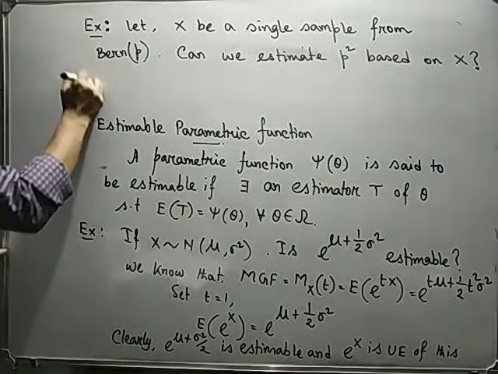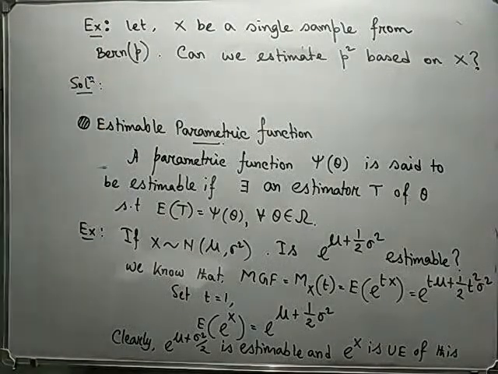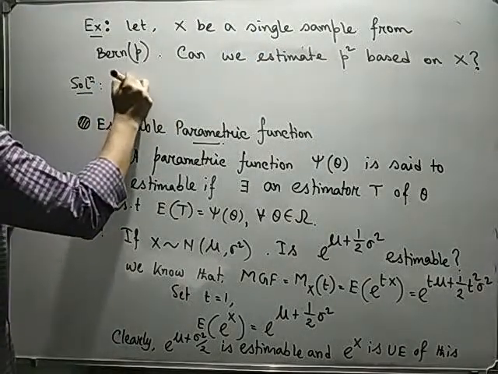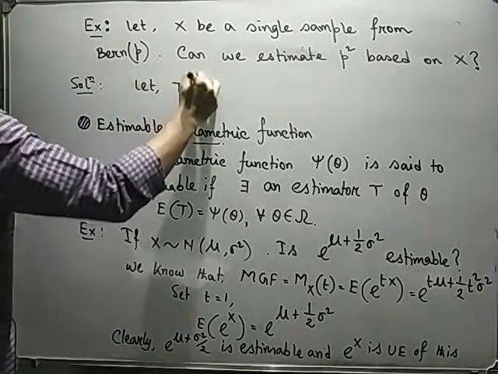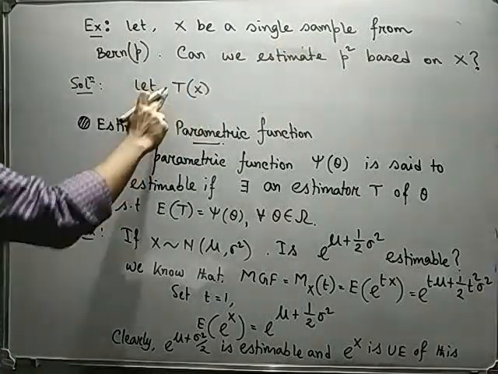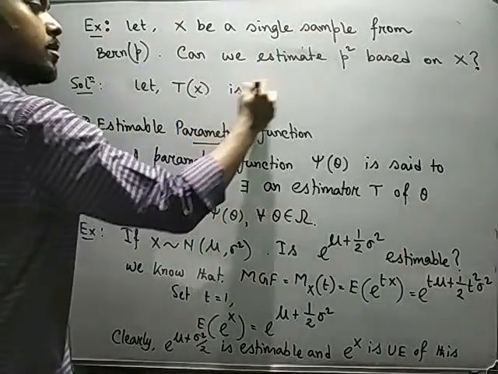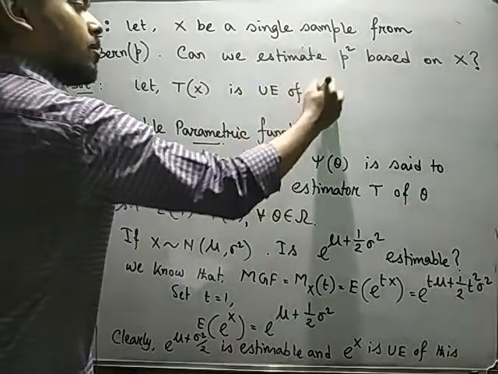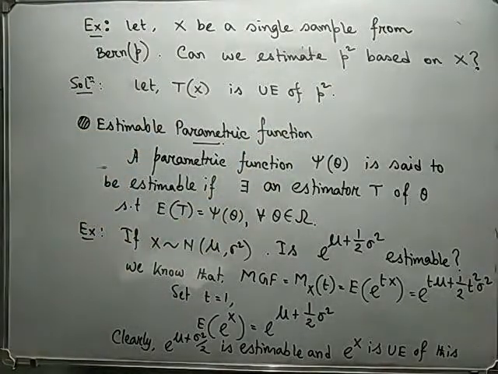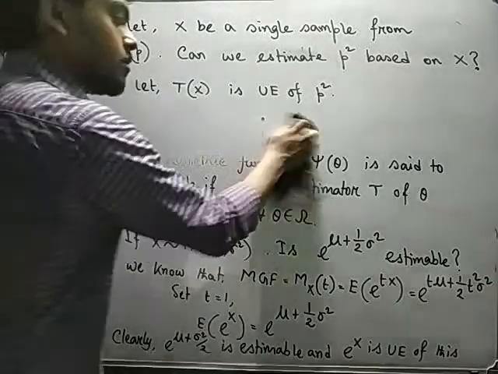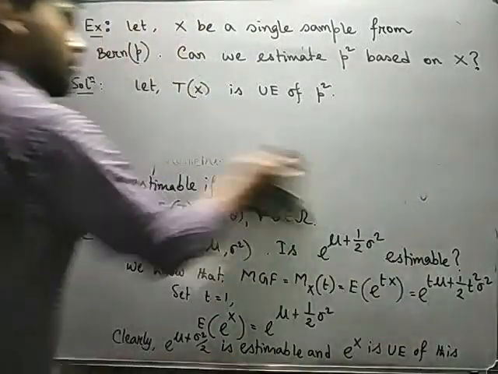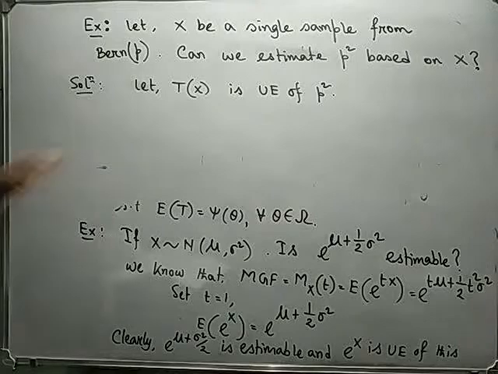So the solution is, now P square is estimable if, let capital T of X be based on X, so that capital T of X is an unbiased estimator of P square. So let's choose this. Now if P square is estimable, then the expectation of capital T will be P square.